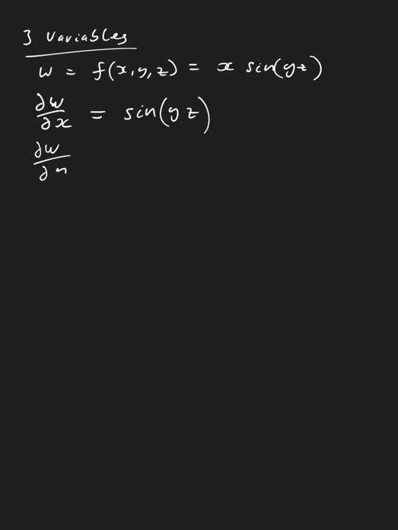What about del w del y? Well, x now is just a constant, so differentiate x times sine of yz with respect to y. Now x and z are constants and y is our variable. So del w del y is x times the cosine of yz.